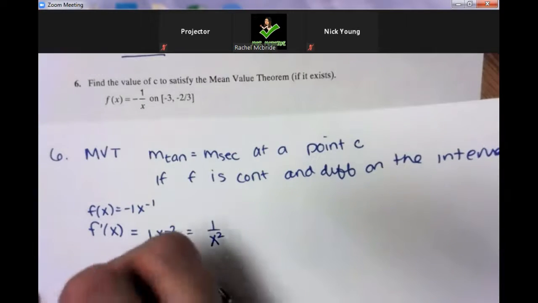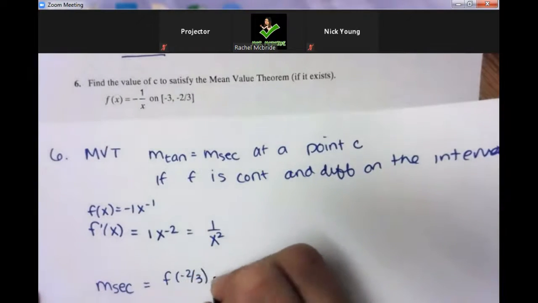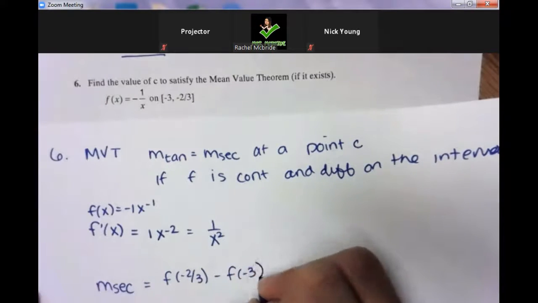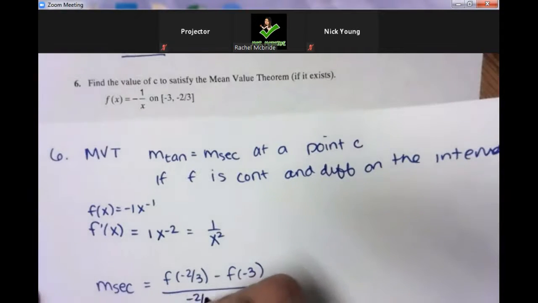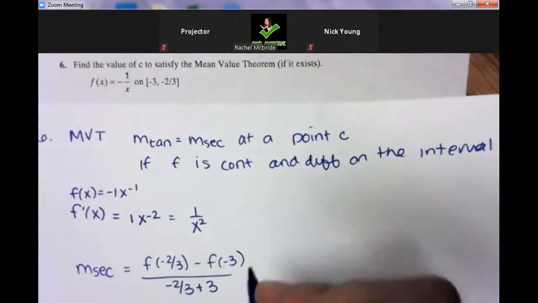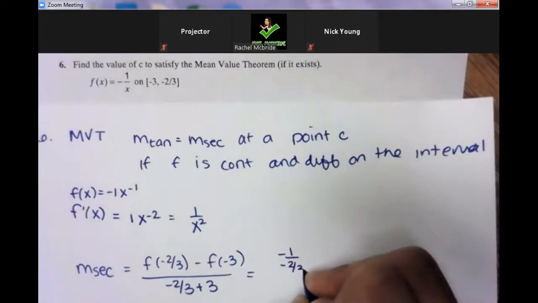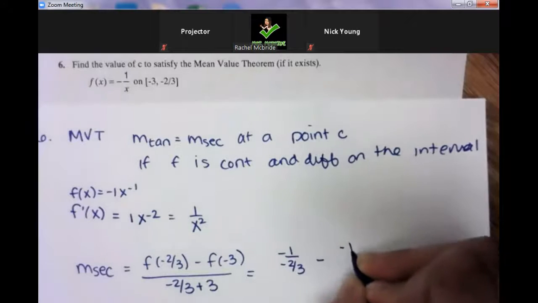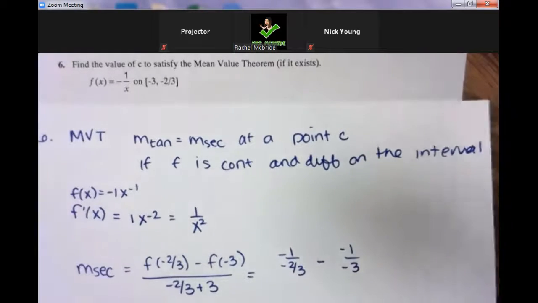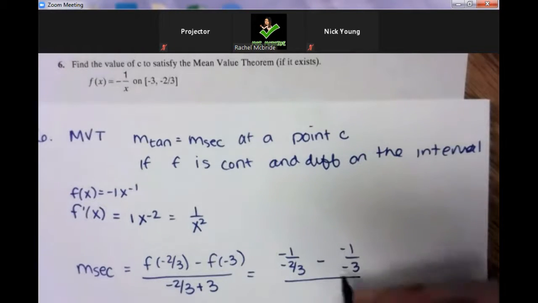The slope of the secant is f of -2/3 minus f of -3 all over -2/3 minus -3. So that's like -1 over -2/3 minus -1 over -3. And then 3 minus 2/3 is really the same as 2 and 1/3.